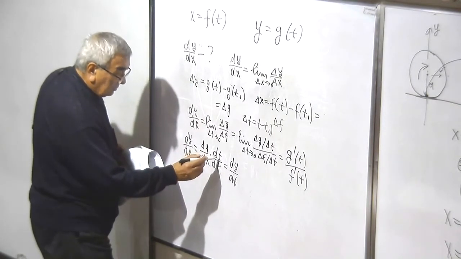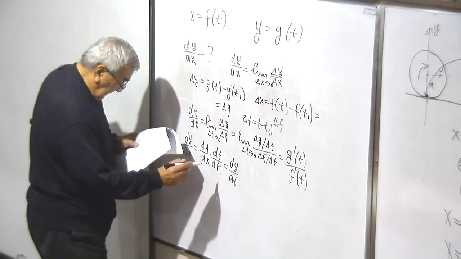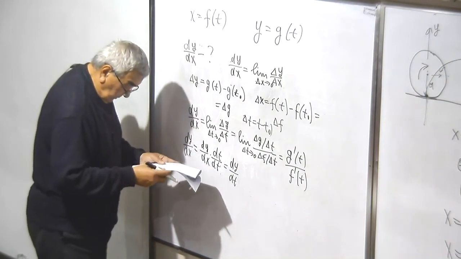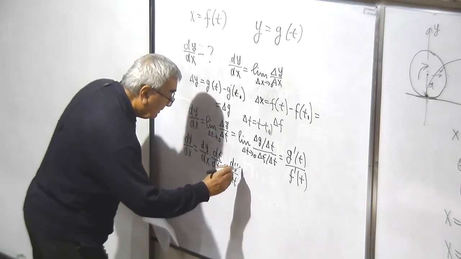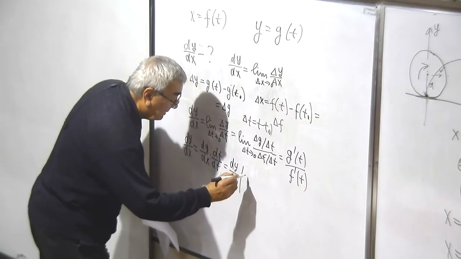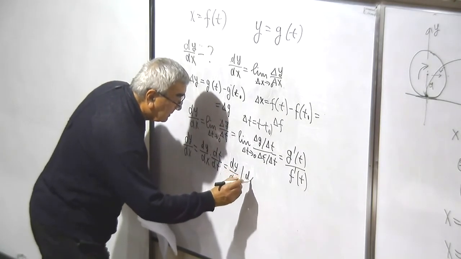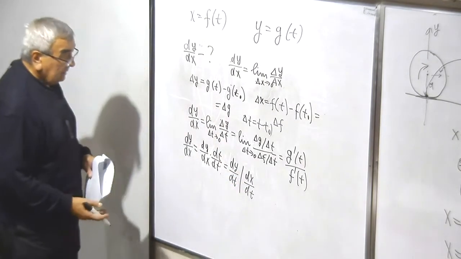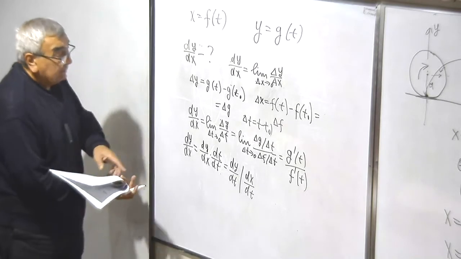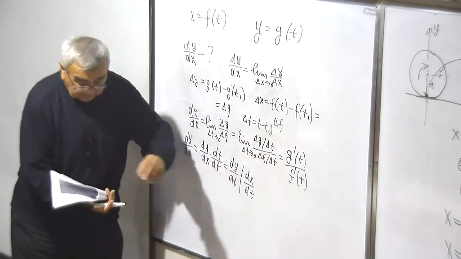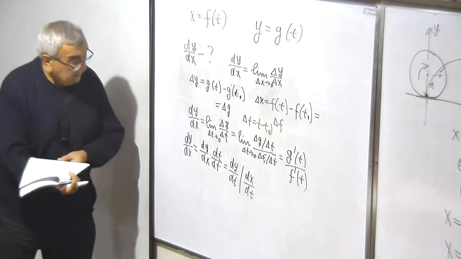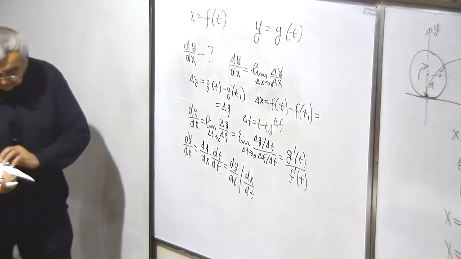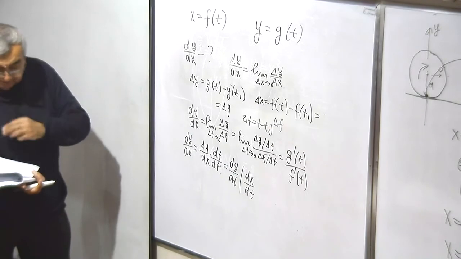This divided by dx/dt gives us the derivative of x. That means this should be equal to dy/dt over dx/dt. That means we receive the same result. Here I multiply by dt and receive this result, which is so simple.